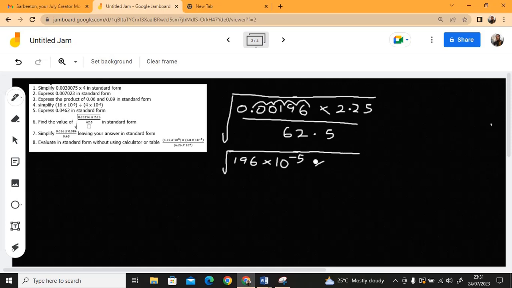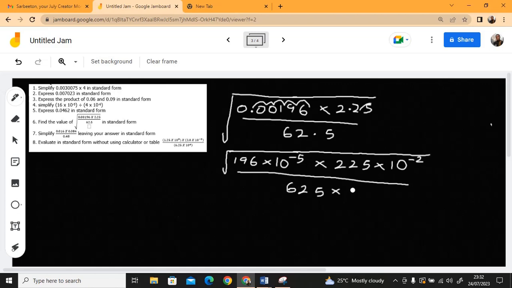Times this one also, you move 1, 2: 225 times 10 raised to power minus 2. You can see that it is very easy for me to divide because of this whole number. So I have to move this also 1, you have 625 times 10 raised to power, is it minus 1?